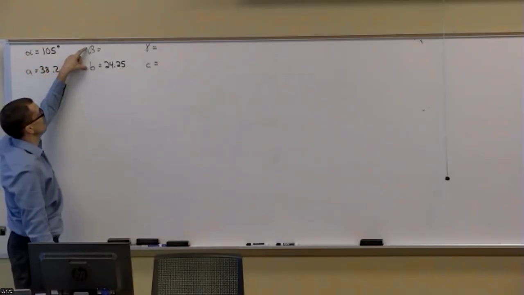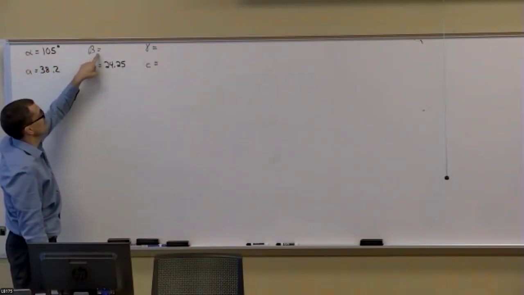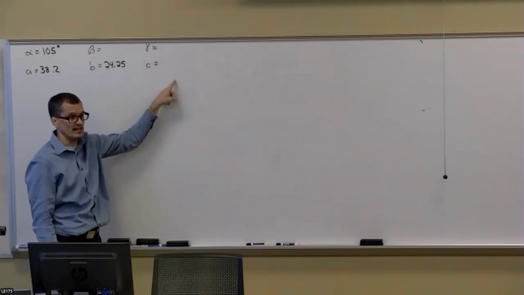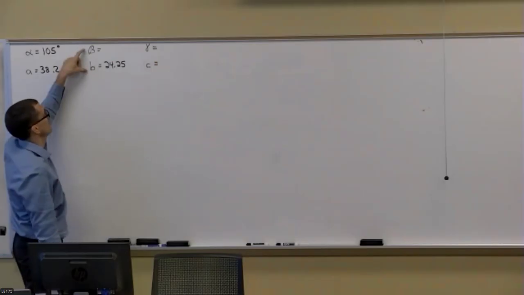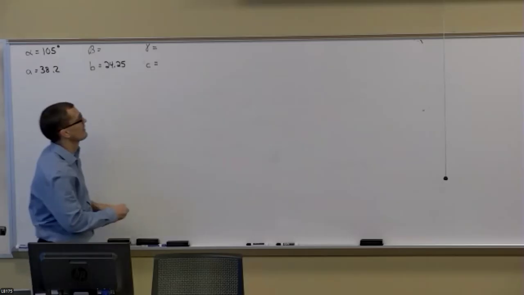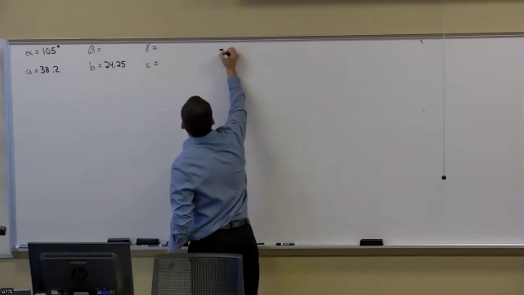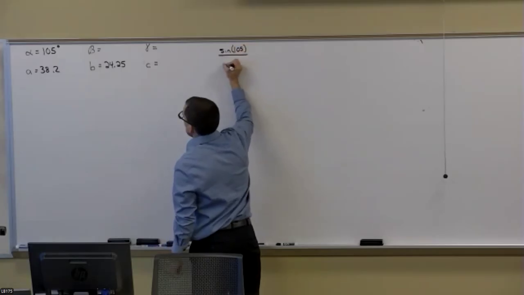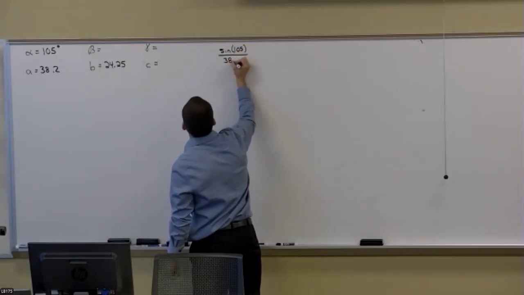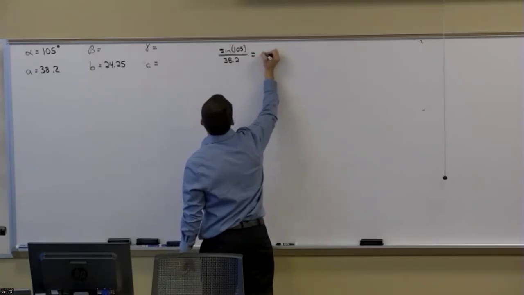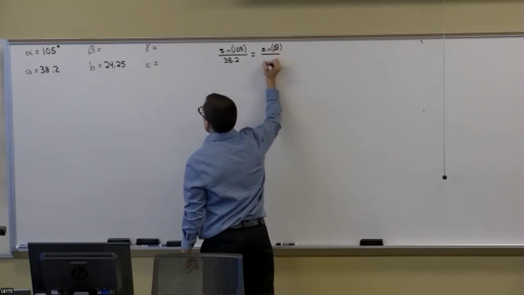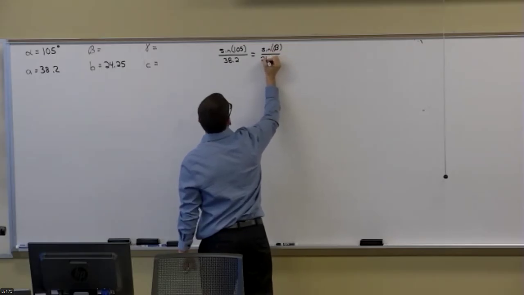I can use the law of sines to find this beta as well. I can't use it to find gamma yet or C yet, but I can use it to find the beta. Sine of 105 divided by 38.2 is equal to sine of beta divided by 24.25.